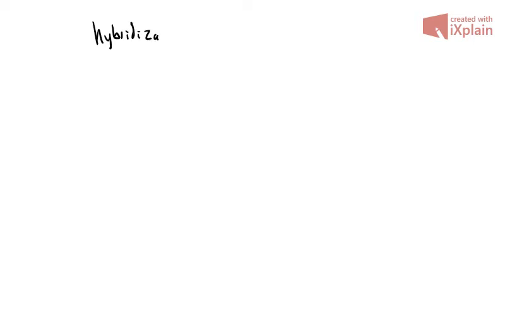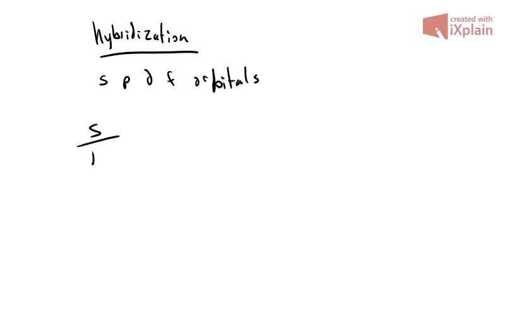We've already talked about electron configurations. And in electron configurations, we had the s, p, d, and f orbitals. The s orbital has one suborbital. The p orbital has 3 suborbitals.